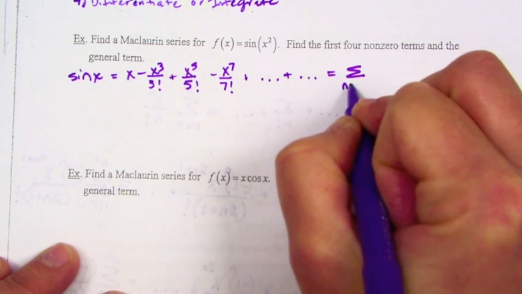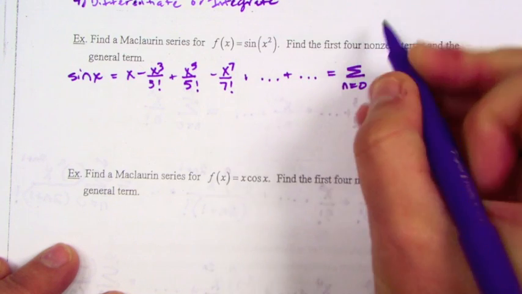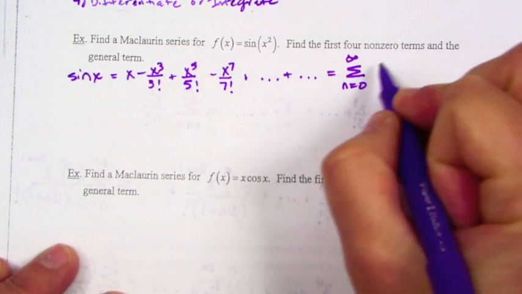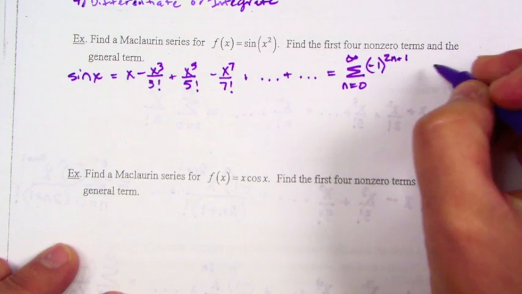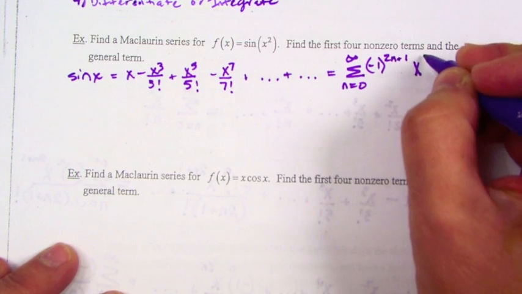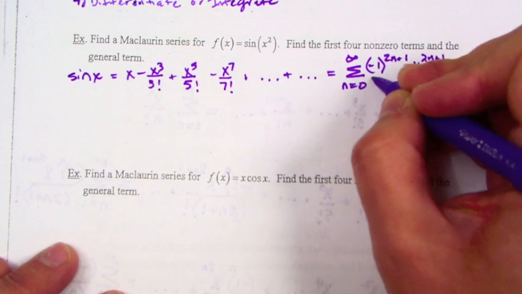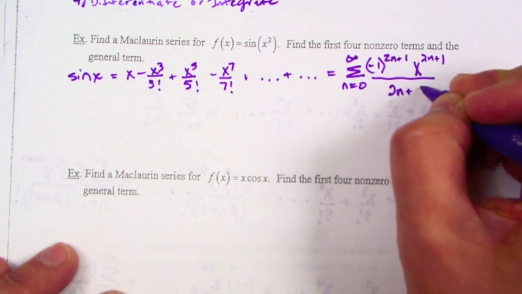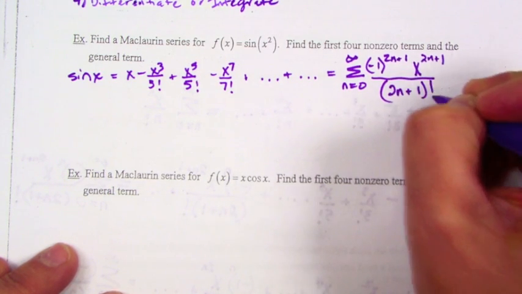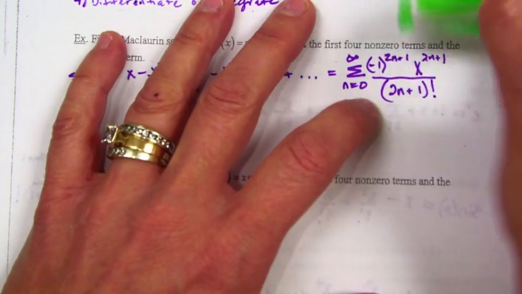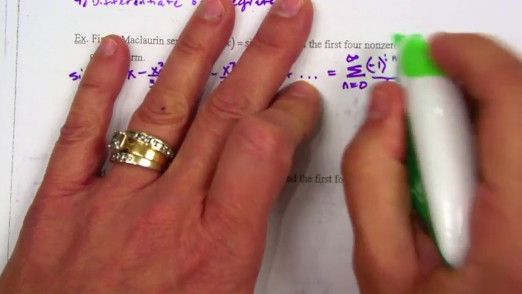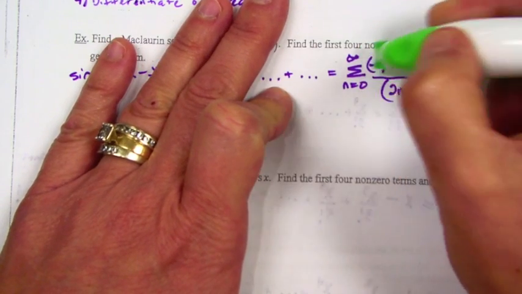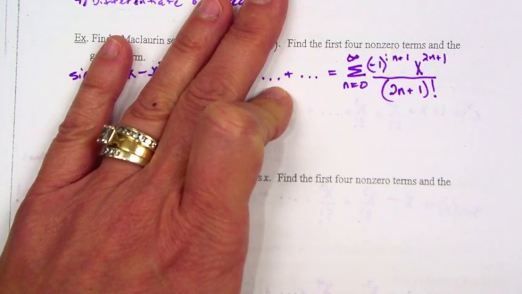And then we said a while ago that's going to be the sum from n equals 0 to infinity of negative 1 to the 2n plus 1 x to the 2n plus 1. No, it's just negative 1 to the n. Sorry. Thank you, keeping me on track today.